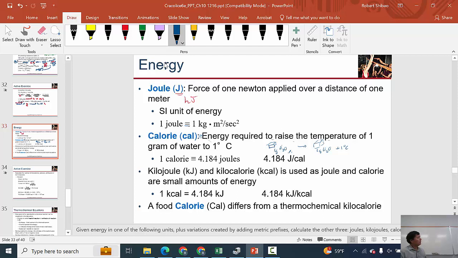It turns out it costs more energy to warm up a gram of water than to lift 1 kilogram mass. And so 1 calorie is equivalent to 4.184 joules. In other words, there's 4.184 joules per calorie. They're saying this is exact. Usually it's like 4.1845. I don't know why they're making this one exact.